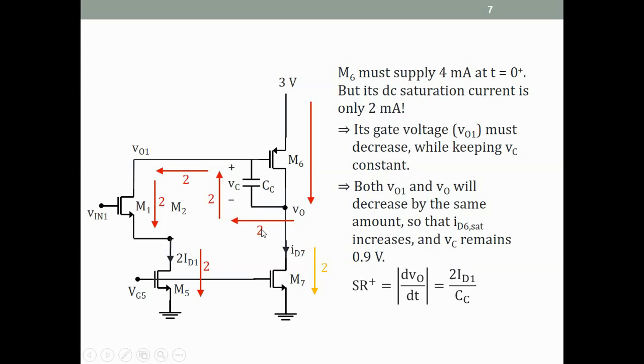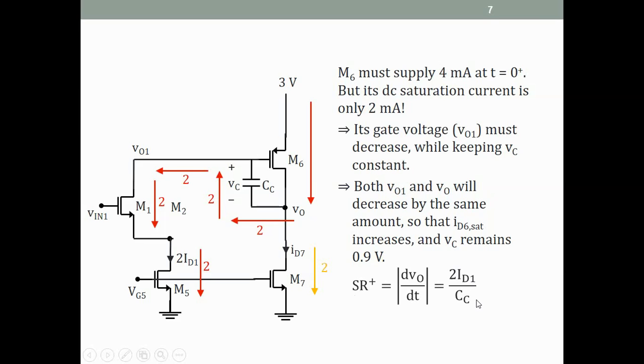So that is what happens in this circuit. At t equal to 0 plus, VO1 suddenly drops. VO also suddenly drops, so that Vc remains constant, and M6 supplies 4 milliamps of current. And then the slew rate of the circuit is this current, which is 2 milliamps, which is actually 2ID1, divided by the capacitor Cc. So the positive going slew rate of this circuit is 2ID1 by Cc.